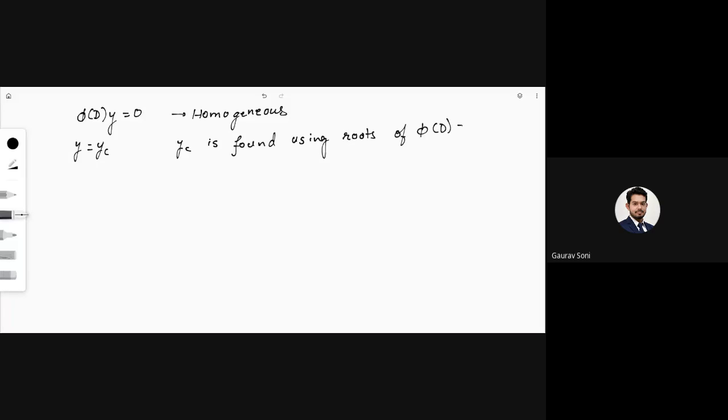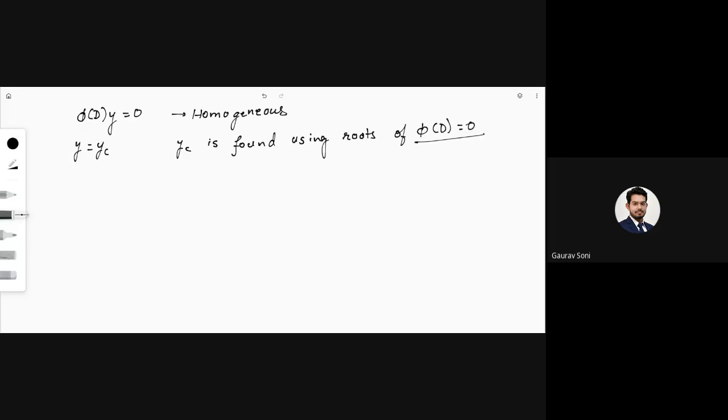A linear differential equation of the type phi of D acting on y is equal to 0 is called homogeneous, for which y is equal to yc, and yc is found using the roots of phi of D equal to 0.